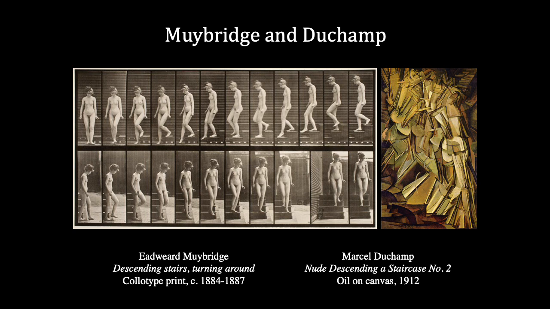It's quite possible that he was aware of Muybridge and his experimental photography capturing movement and motion, the way he did with the horse, setting up a series of cameras with tripwires, so that as this model descends the stairs and turns around on the stairs, it's doing the same type of thing. So this idea of movement being captured.